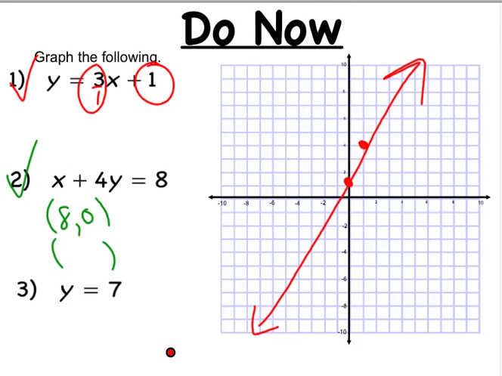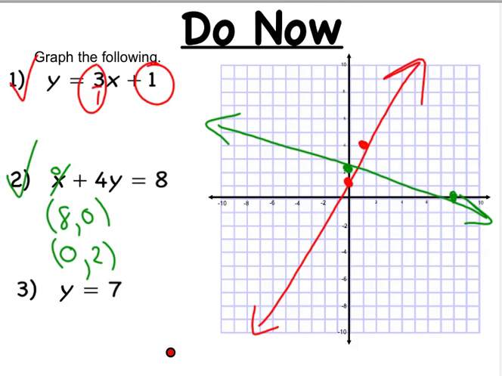And then if I plug in 0 for x, I get 4y equals 8, so y must equal 2. So let's plot these points. I go over 8, up 0. And I go over 0, up 2. And I'm going to draw my line. Again, it's a little off. At home, yours should look better than that.